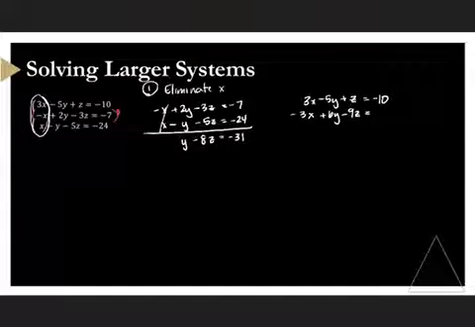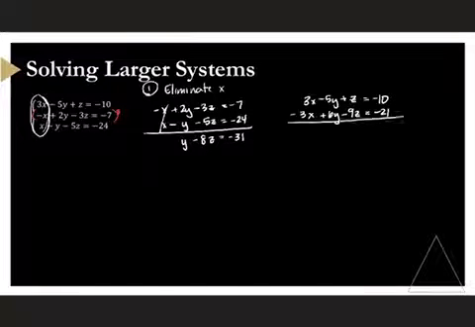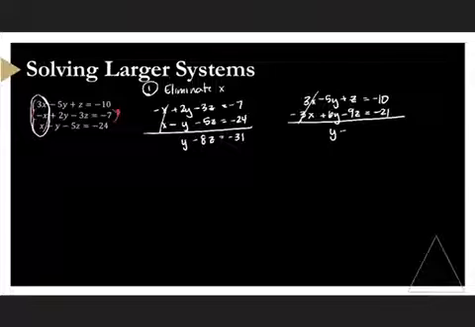And then 3 times negative 7 is negative 21. Okay, so these will cancel. Negative 5y plus 6y is y. z minus 9z is negative 8z. Negative 10 plus 21 is negative 31.